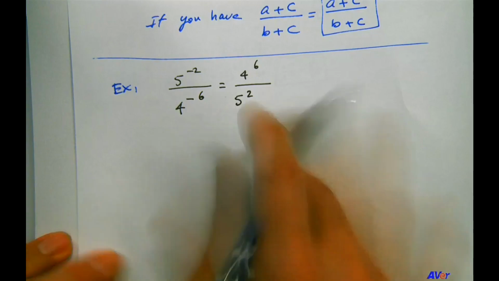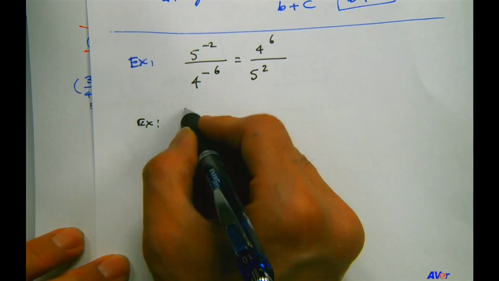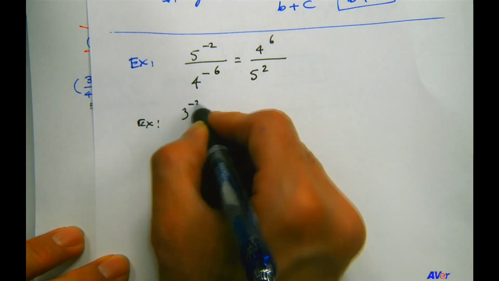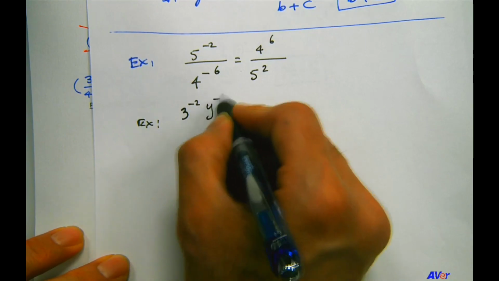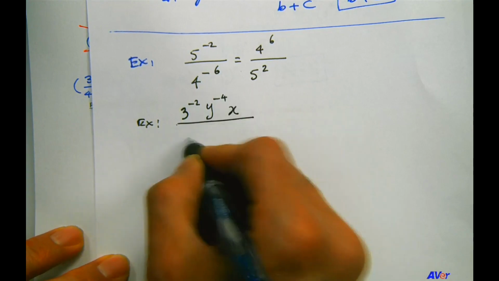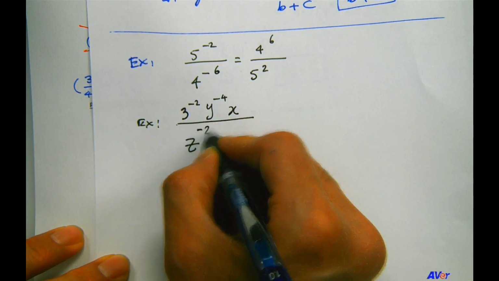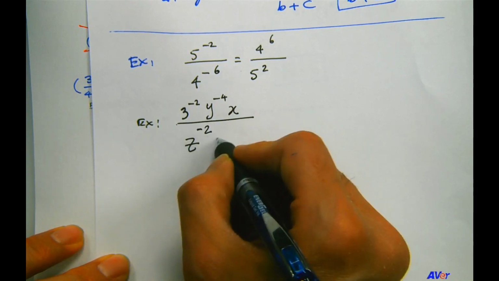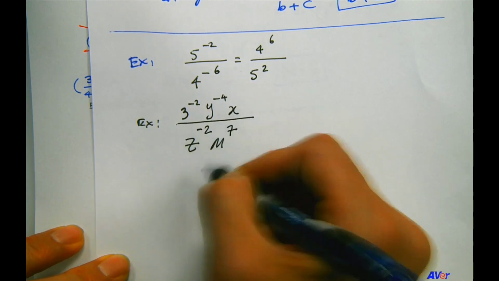So suppose we have something like this: 3 to the negative 2 power, y to the negative 4, x over z to the negative 2, and then m to the, say, 7.